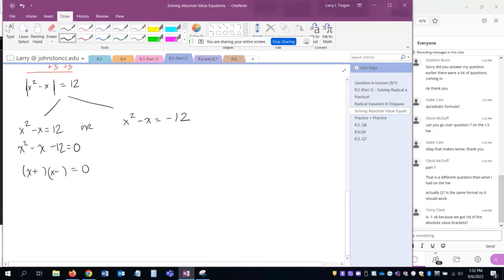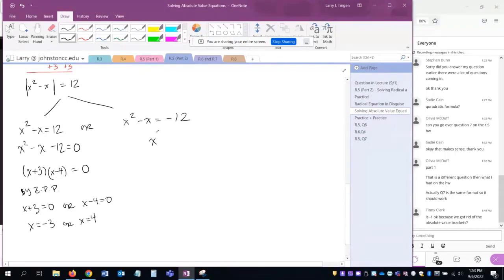And the fact that this is a negative 1 means the negative number has the higher magnitude. Two things multiply to give me 0, so that's the zero product principle. X plus 3 equals 0, or x minus 4 equals 0. X is negative 3, or x is 4.